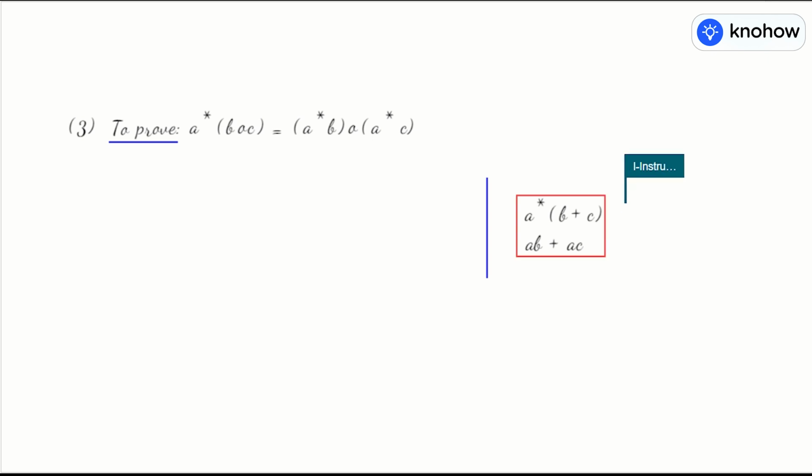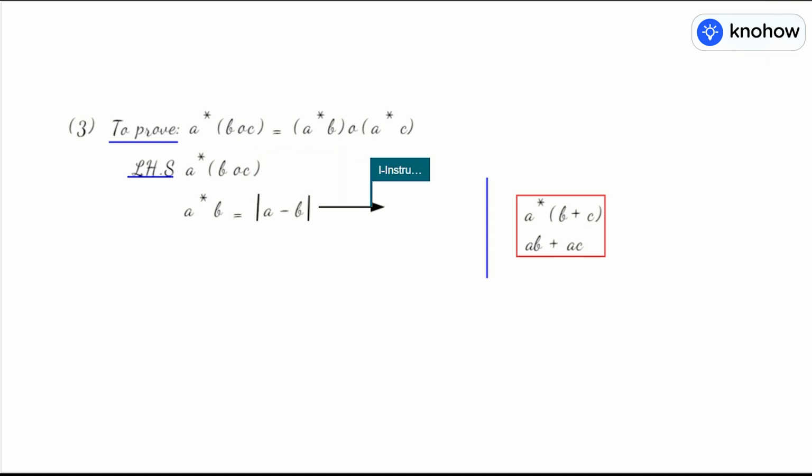So to prove it, let me take the left hand side, A star (B O C). First of all, what do you say about B O C? The first element, that is B. And what is A star B then? Modulus of A minus B. So your left hand side is this. Now take the right hand side, (A star B) O (A star C).